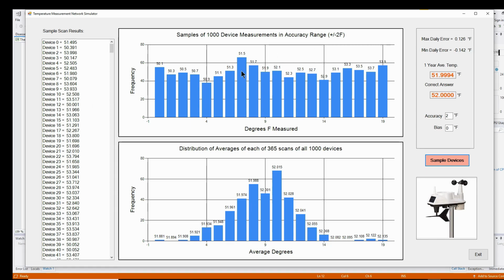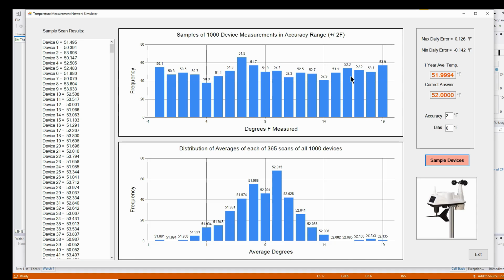To verify that, I took all those numbers and put them into this top chart, which is a histogram that tells you, for each range of numbers, how many occurrences there are. If they're truly random, I should have a fairly flat number of occurrences for each range. For example, from 50 to 50.2 degrees I should have about the same number of occurrences as in every other range.